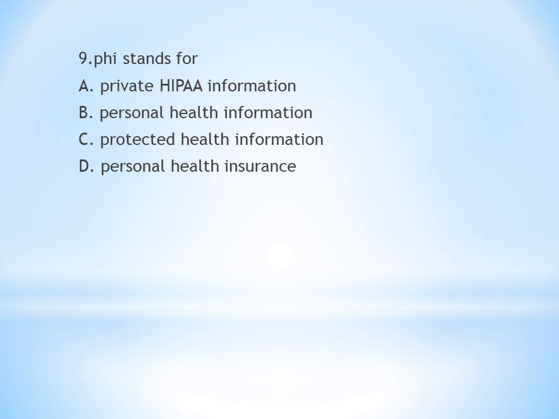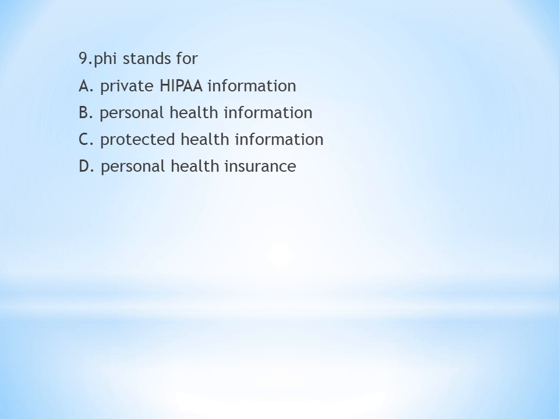Then ninth question, PHI. PHI stands for private Hipaa information, personal health information, protected health information, personal health insurance. What is PHI? PHI comes under Hipaa and it is the information about the past, present, or future physical or mental health condition of the individual.